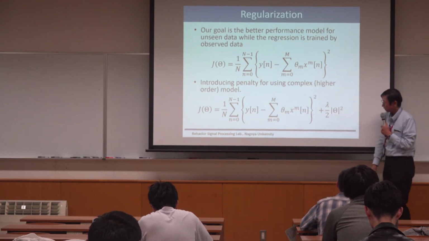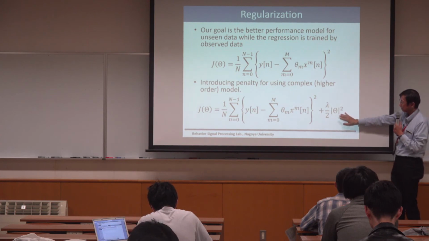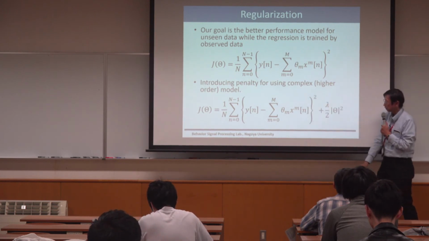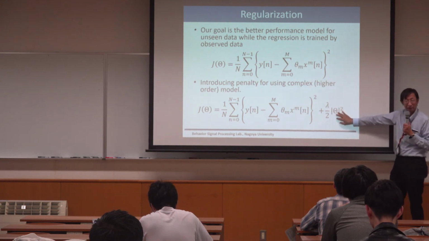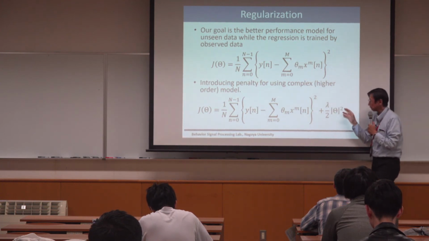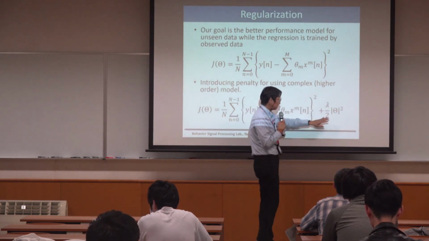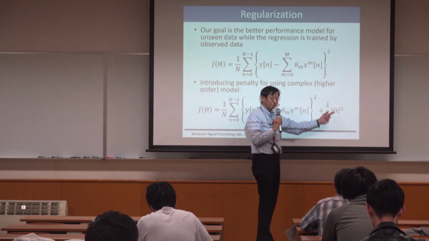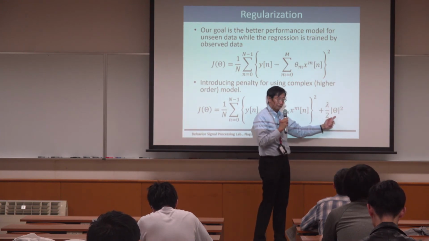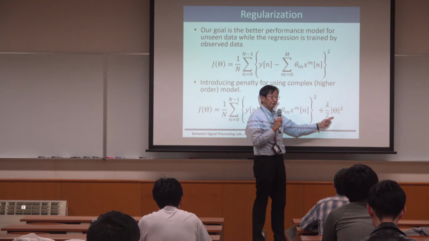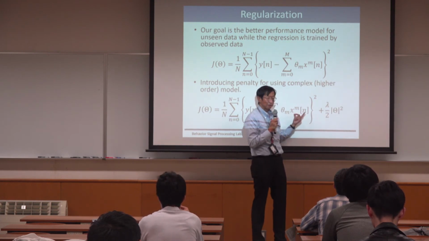But on the other hand, if the lambda is big, then what does this mean? This means, in a rough sense, how many thetas are efficiently used for estimating.